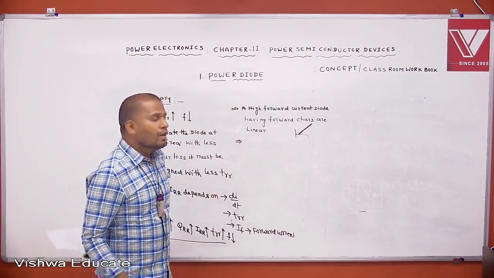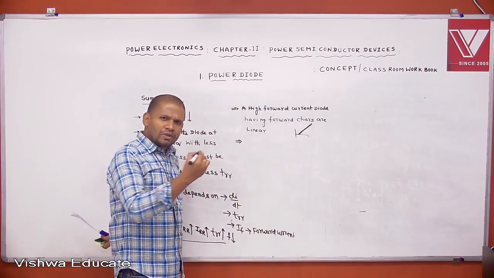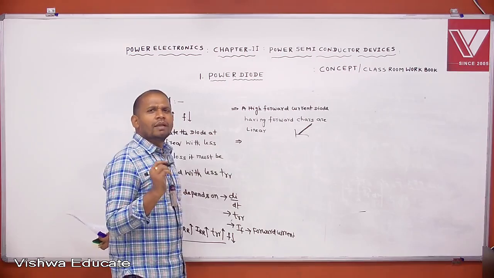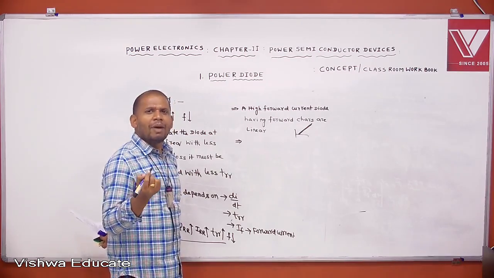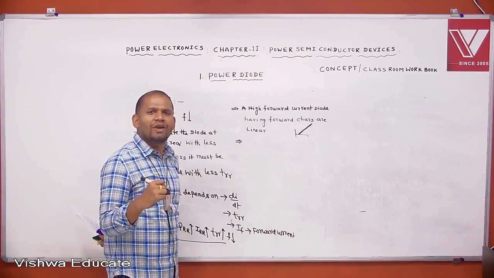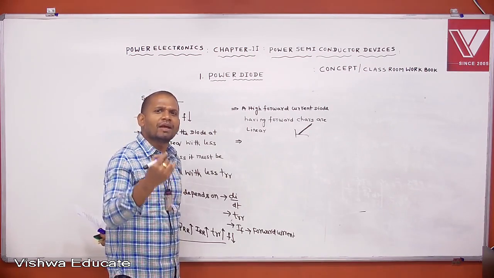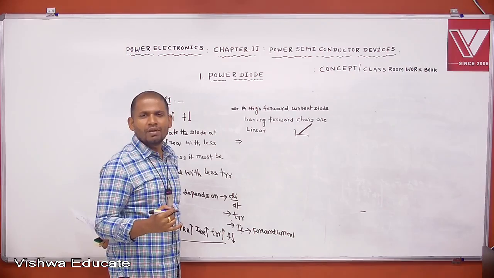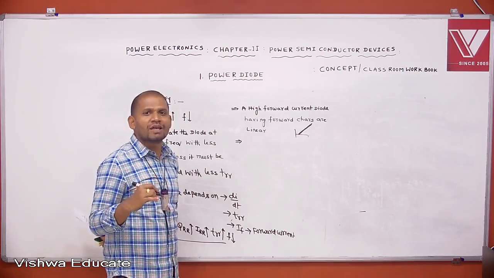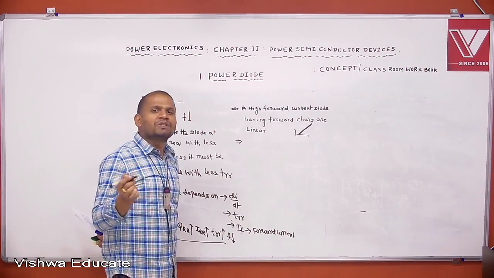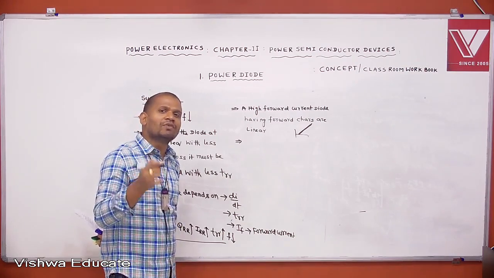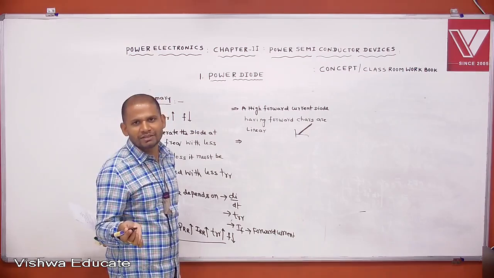But I want to give some list outs here. Generally, once the diode is designed, the manufacturer will specify some parameters on the data sheet. The specifications are given both under reverse bias condition and forward bias condition.